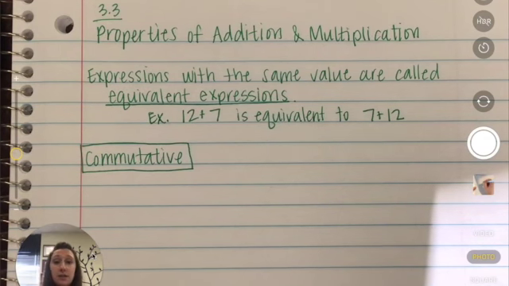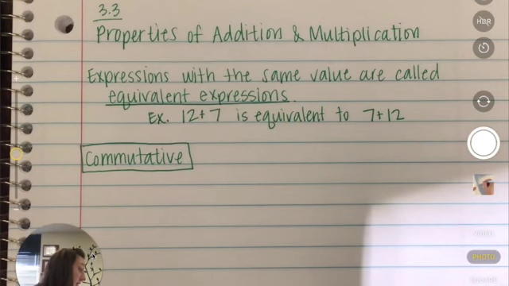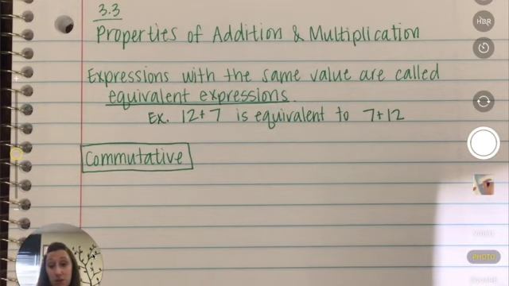So when I say the commutative property, you can have the commutative property of addition and multiplication, depending on which operation you're using. And we're going to look at the associative property also of addition and the associative property of multiplication. And then we're going to look at the zero property of addition and the multiplication properties of 1 and 0. So we're going to look at all of those things that make equivalent expressions today.